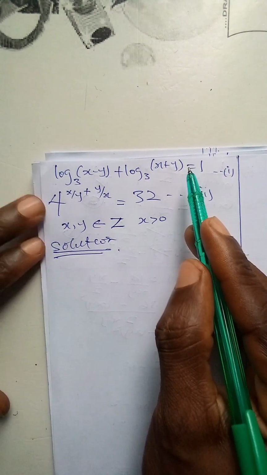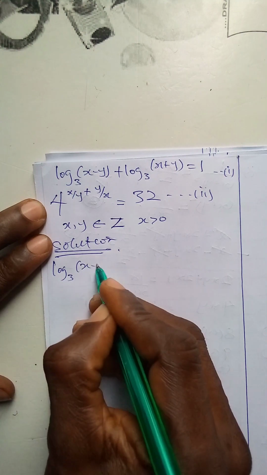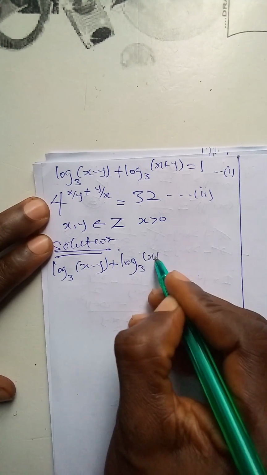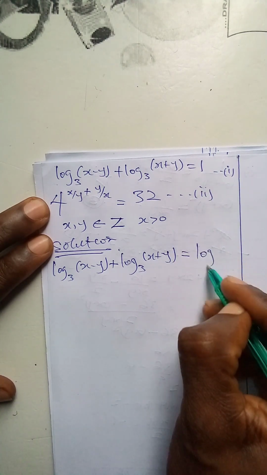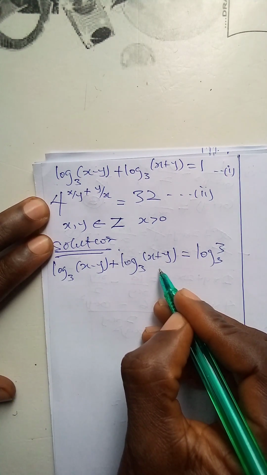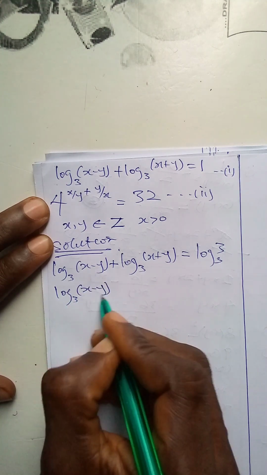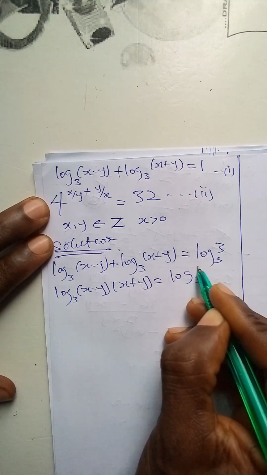I'm going to start with the very first equation, which is log to base 3 of (x minus y) plus log to base 3 of (x plus y) is equal to, now this one can be written as log to base 3 of 3. Now I will apply the product law of logarithm here. Log to base 3 of (x minus y)(x plus y) is equal to log to base 3 of 3.